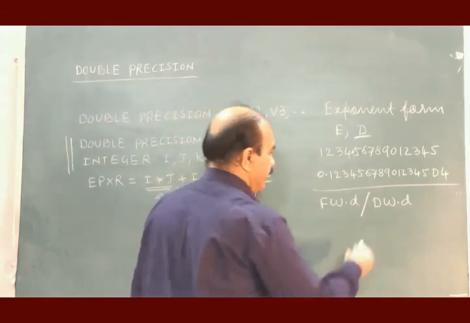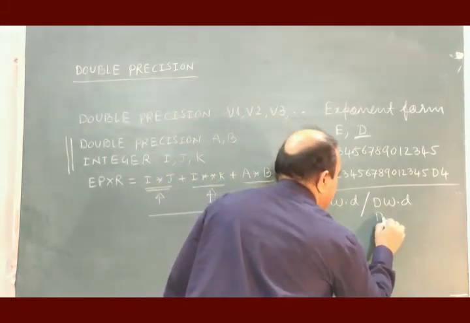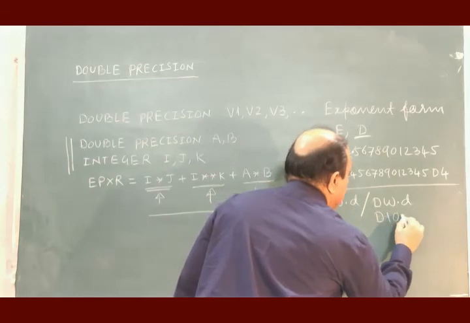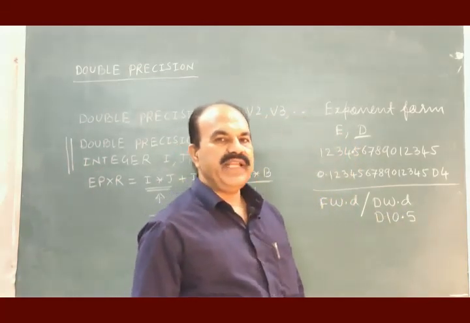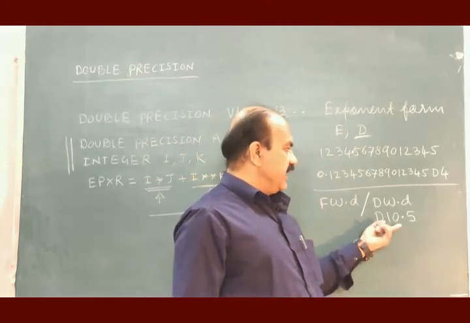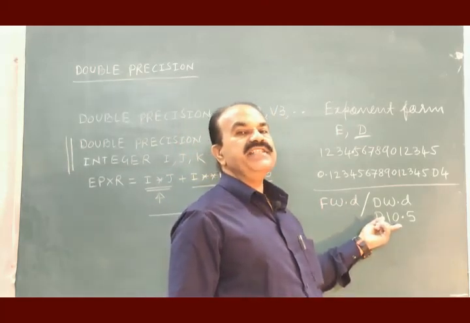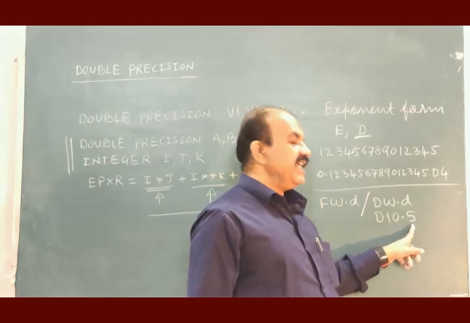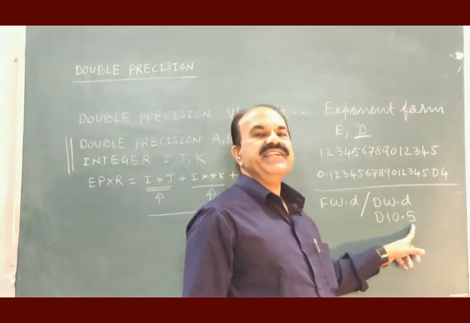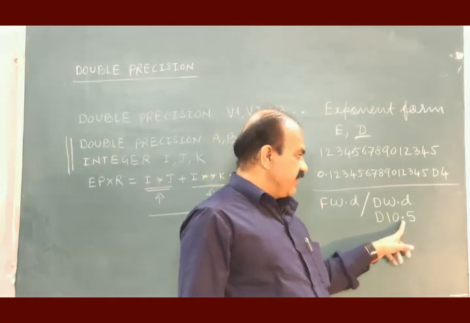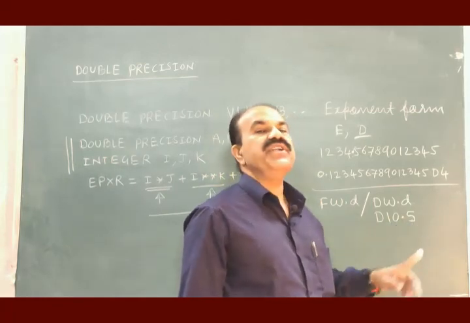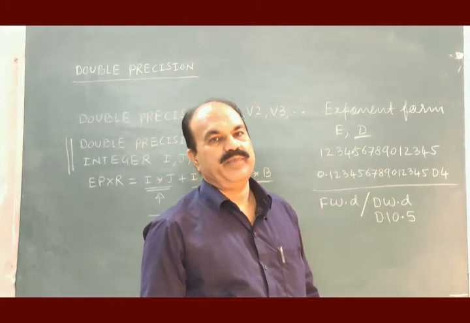For example, if I write F10.5, what is the meaning? It means that the number is 10 digits long and it has 5 digits in the decimal part.